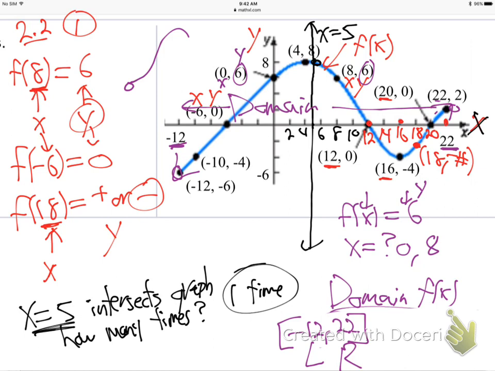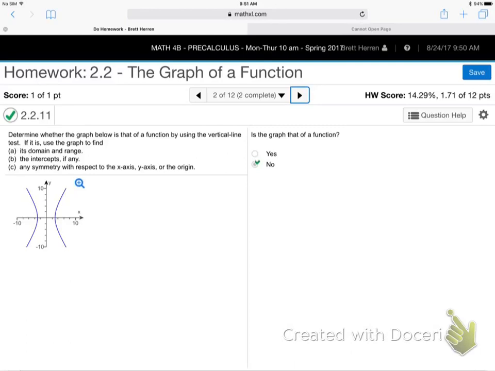All right. So the first thing they're asking about that one is, hey, is it a function? You can see my answer is no. Why is that not a function? Because of the vertical line test. Remember the vertical line test?